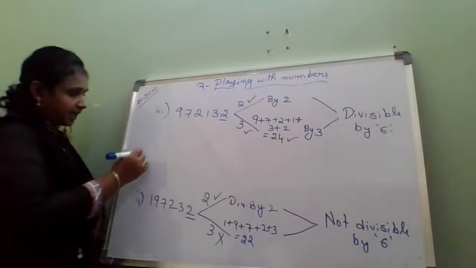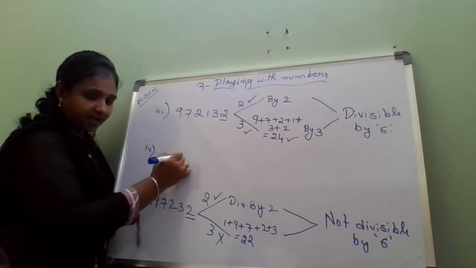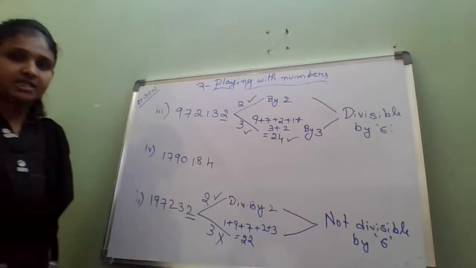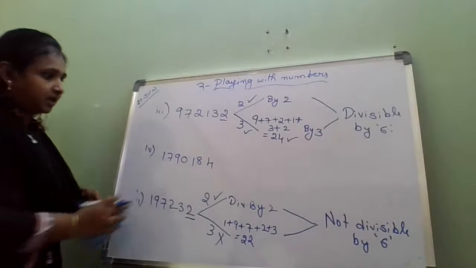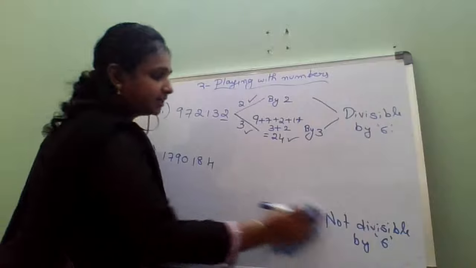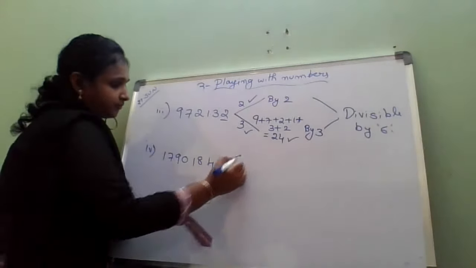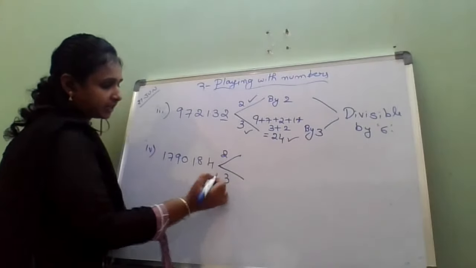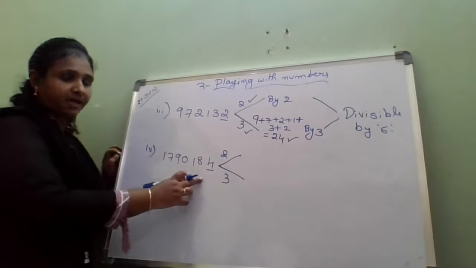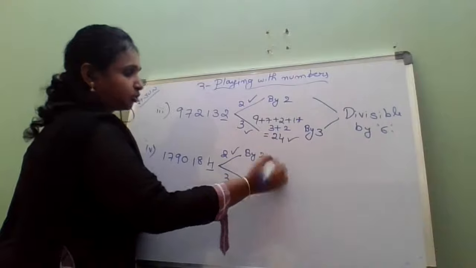Next, one more like this. 1790184. Now check whether this number is divisible by 2, 3 and 6. In one's place 4 is there, so this number is divisible by 2.